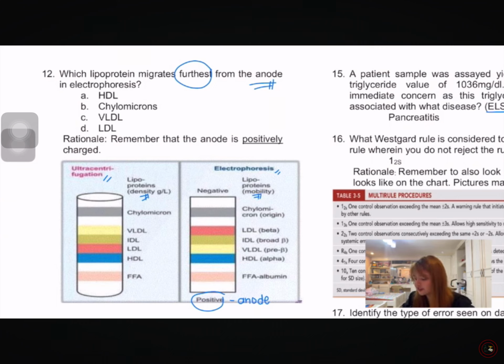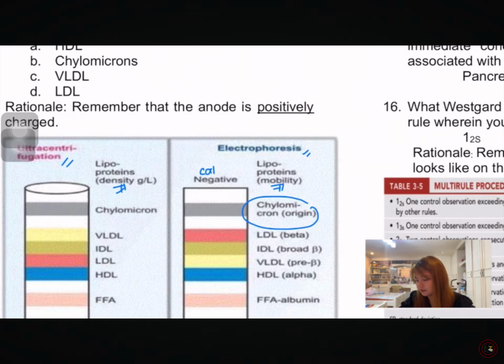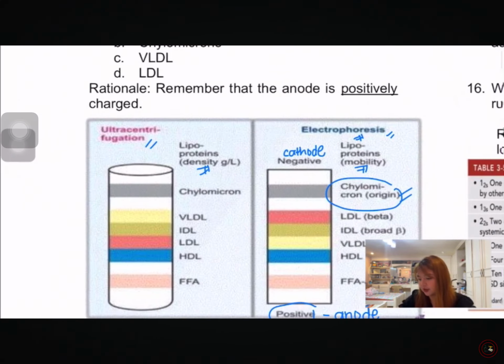So, if furthest from the anode, yung pinag-uusapan natin, then, yung nagmamigrate furthest from the anode is yung chylomicrons kasi they remain at the origin, or sila yung pinaka-close sa cathode. So, yung mga terms such as beta-lipoprotein, alpha-lipoprotein, they are actually termed depende kung saan sila nagmamigrate sa electrophoresis. So, yun yung answer natin dito. The answer is chylomicrons.